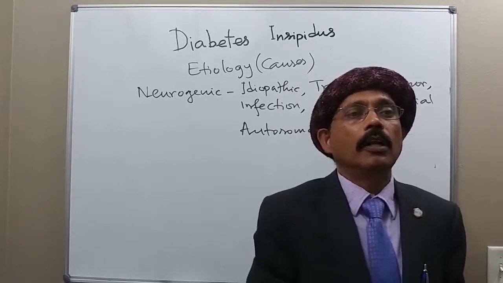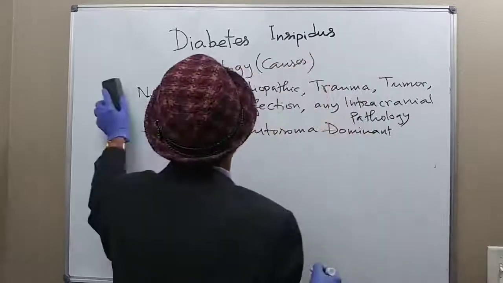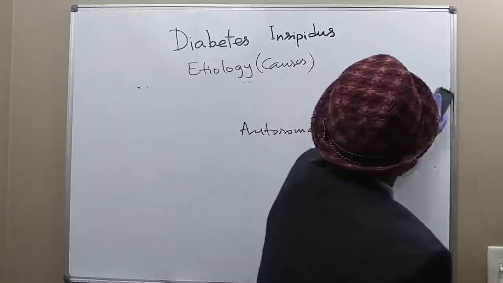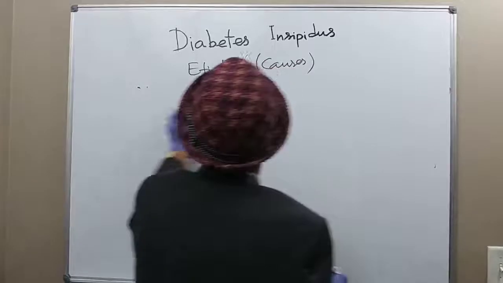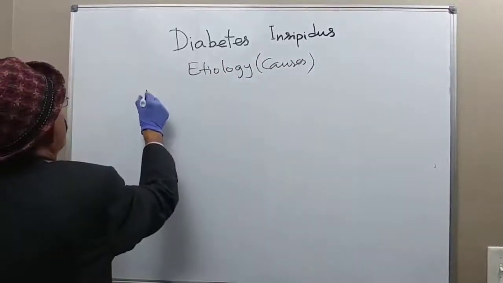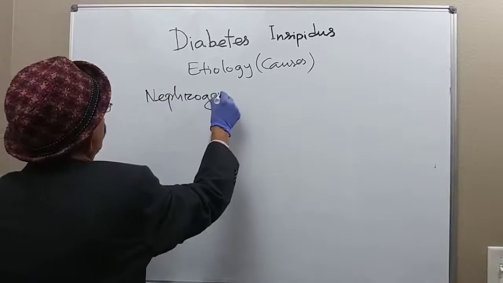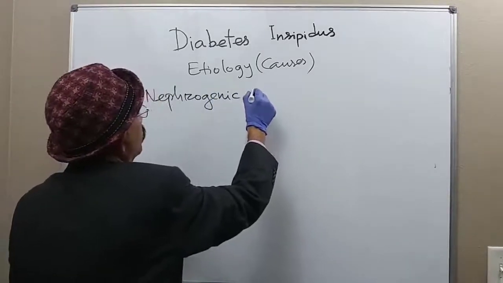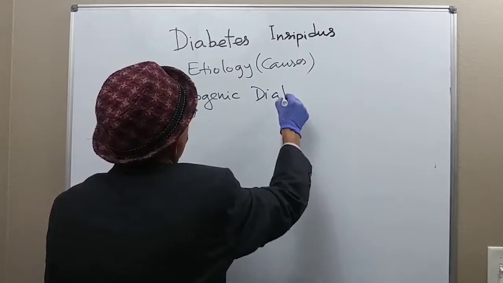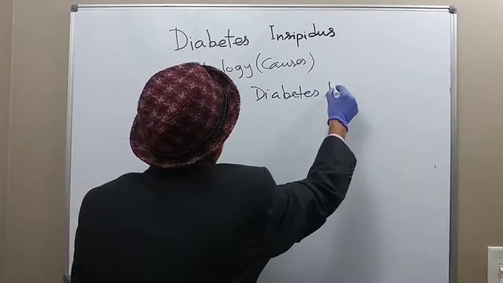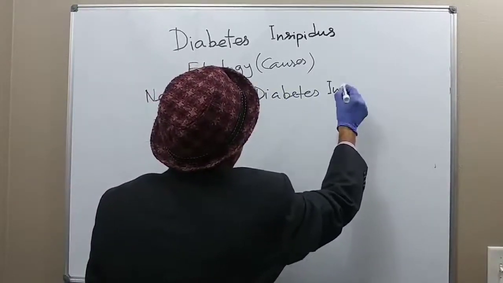Now we'll go to nephrogenic diabetes insipidus. What are the possible causes?